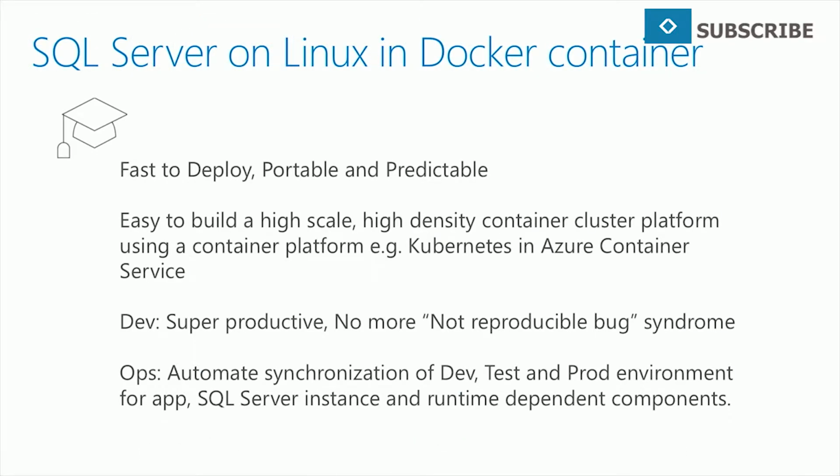All right, so let's jump into a Docker story, keeping that in mind. How Docker can help us enabling this CI/CD pipeline with a database application as a whole unit of development, test, and deployment. The first, the Docker container is providing us a benefit that is very fast to deploy.